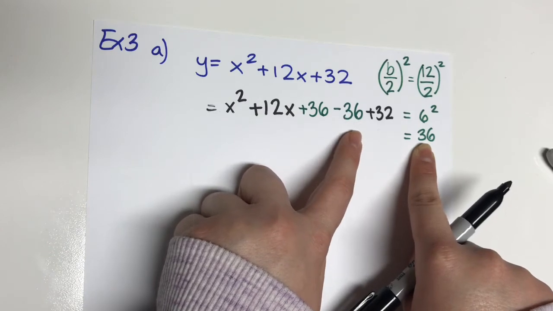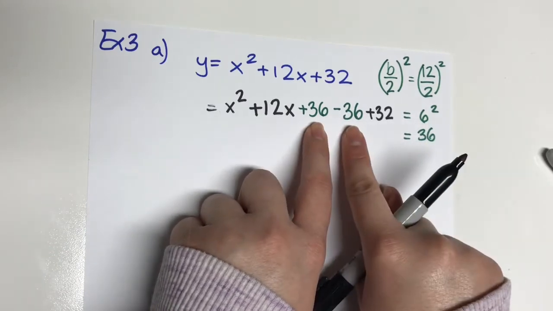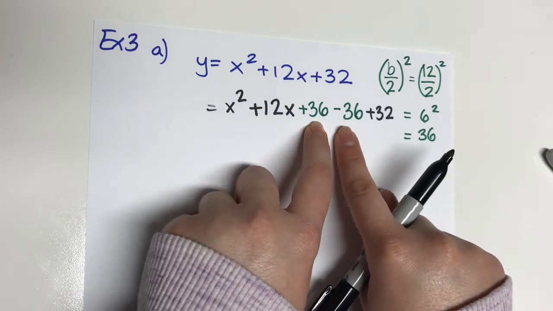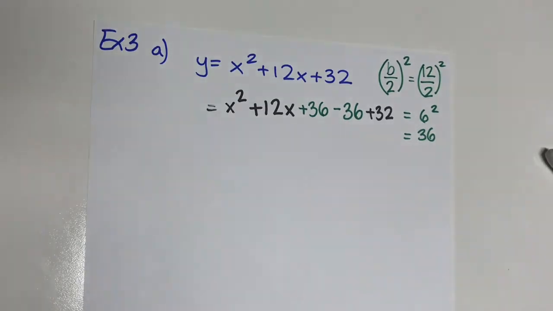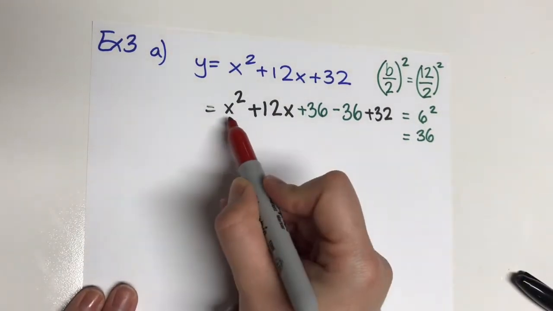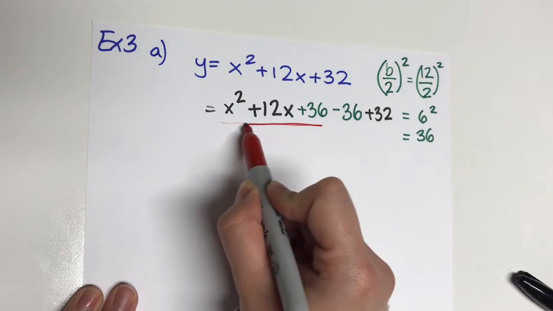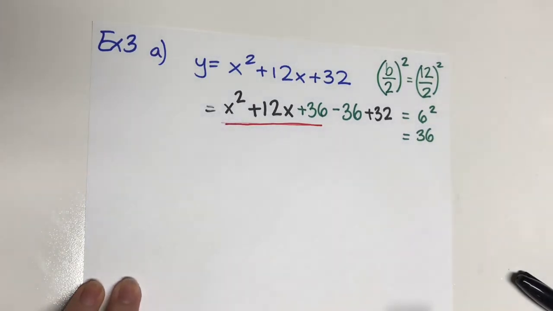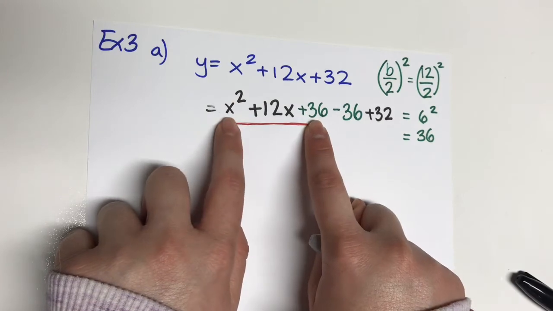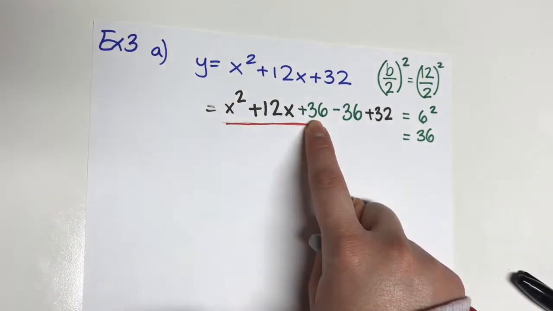The reason I did that is plus 36 minus 36 is 0, so really, I haven't changed the equation at all. What I have done, though, is this part right here is now a perfect square. This is a square, and this is a square. So because this is a perfect square now, I can factor it.